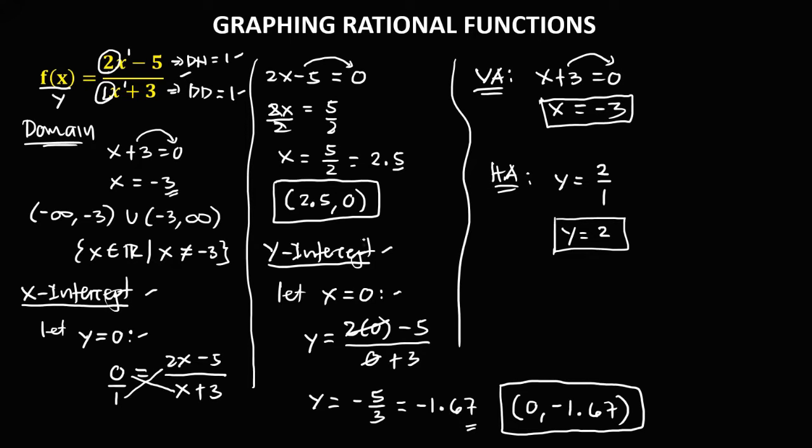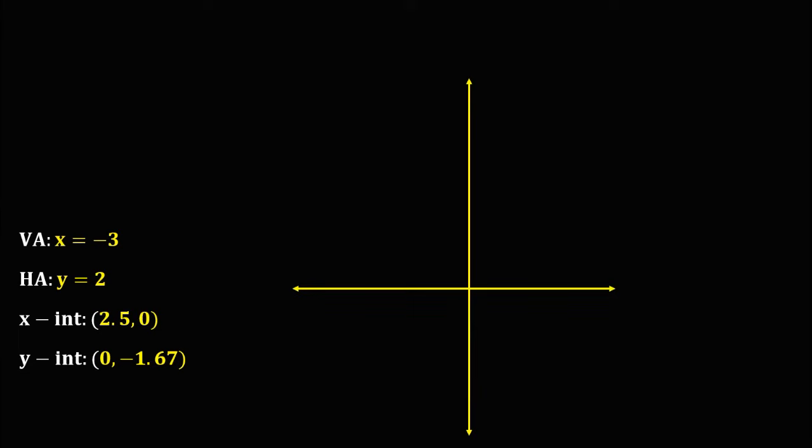Since we now have the coordinate of the x-intercept, the coordinate of the y-intercept, the vertical asymptote, and the horizontal asymptote, we can now place these in a graph. For the vertical asymptote, x equals negative 3, so this one is x, this one is y, so x is negative 3.